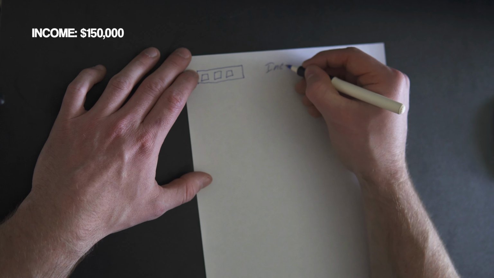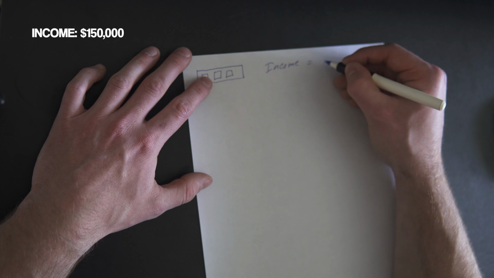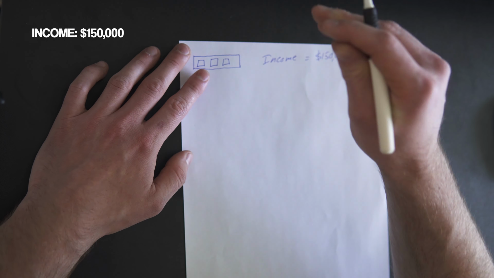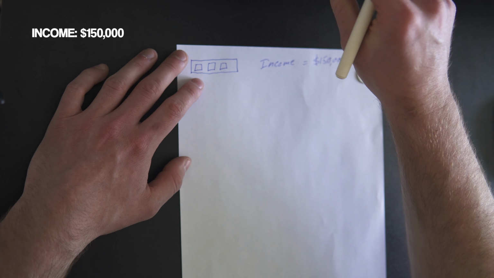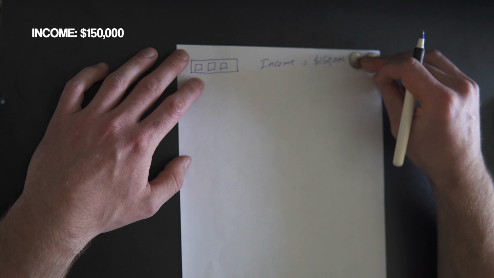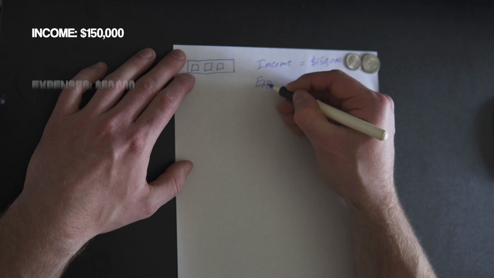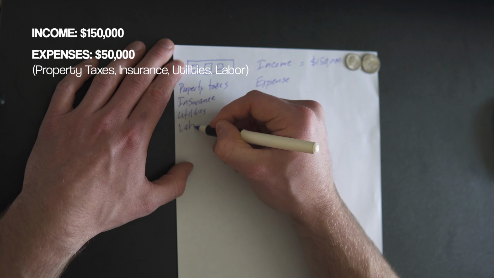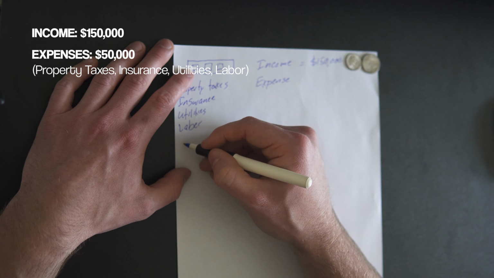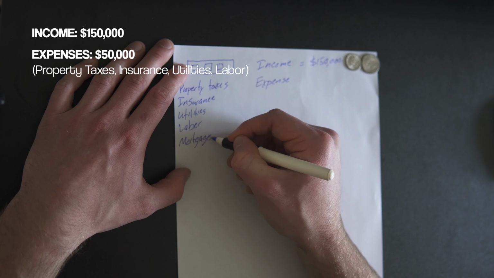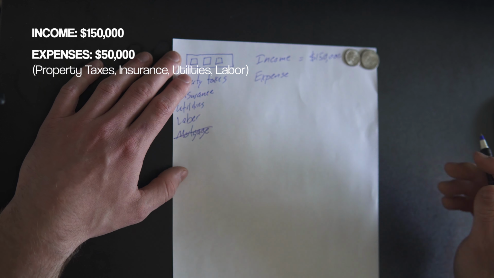Let's say the income on this property equals $150,000 a year. So again, that's a dime and that's a nickel. The income is $150,000 a year, from renting it out. The expenses, labor, what is not included is the mortgage payment to the bank. That is not included in these expenses, okay?